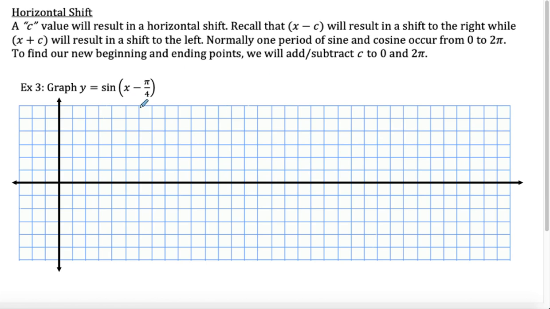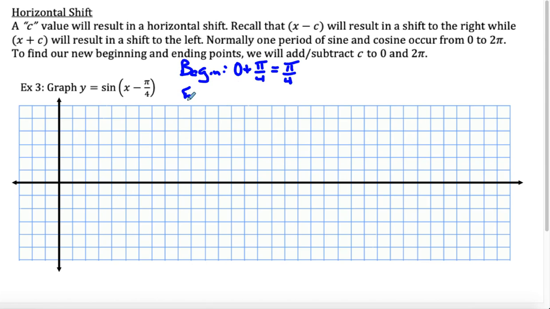So here, right, x minus pi over 4, that means I'm shifting to the right pi over 4. So what that means is I am going to be adding pi over 4 to 0. So I'm going to do 0 plus pi over 4. So my beginning value on the x-axis is pi over 4.